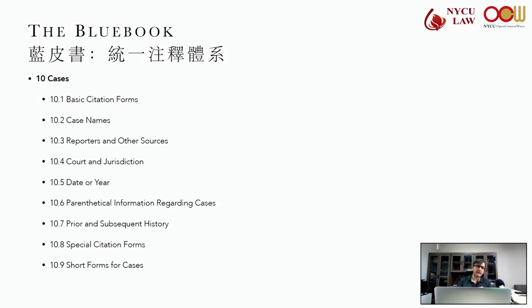But in all the other documents, like memoranda and law review articles, cite the relevant reporter using table T1. Now 10.3.2, reporters.